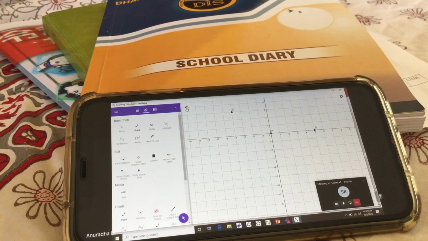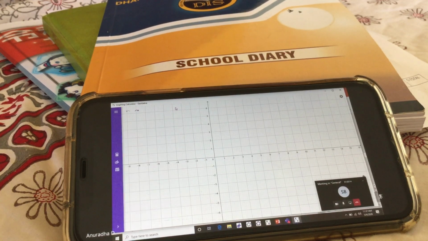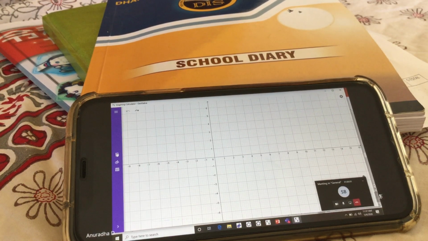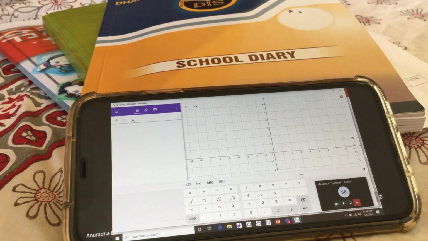That is possible. So here you can see the input box. Here you can type any equation and the line comes here. For typing it in, you can use the keyboard or you can use the board available here.